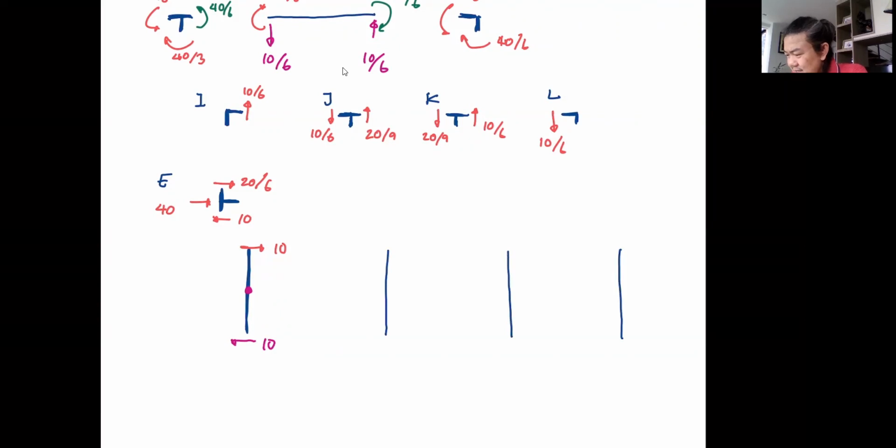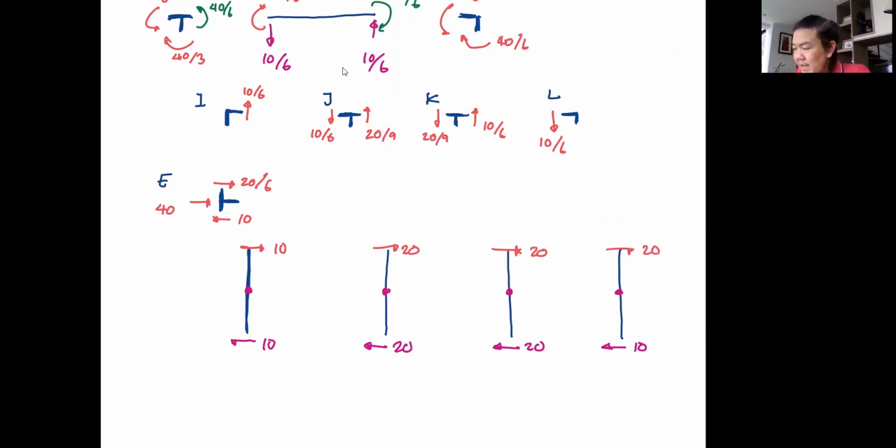Let's add some hinge here. And you know it's 20, right? And this is 10. So we can use sigma Fx equal to 0. Know that this is 20. That is 20. That is 20.